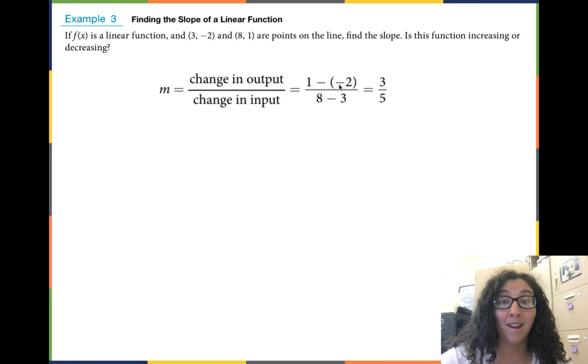So again, negative signs are probably the one thing that can be tricky here. Got to be sure you don't forget the negative signs. And we end up with a slope of 3/5. So is this increasing or decreasing? Well, it's increasing. It's less than 1, but that's okay. We only care if it's positive or negative, right? We're going to go up 3 over 5, to find the slope, right? To find 2 different points.